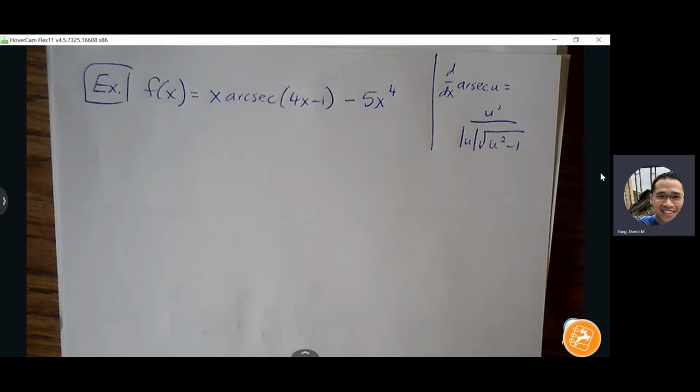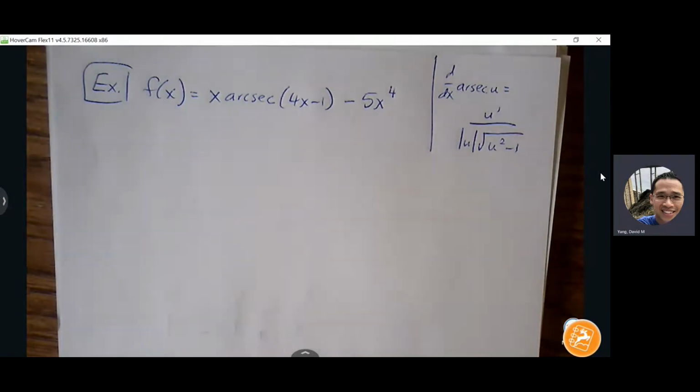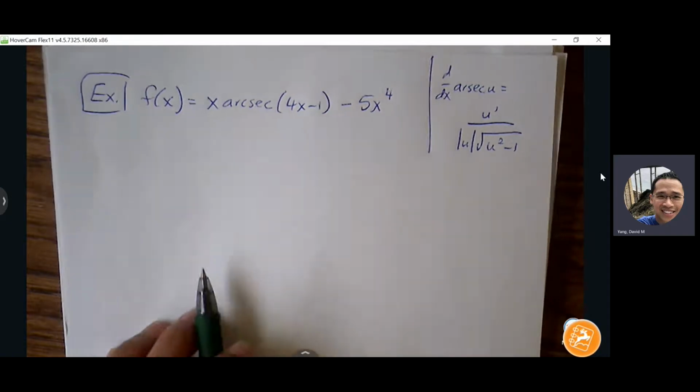Okay, so we know we definitely have to involve the rule for arcsecant: u prime over absolute value of u times square root of u squared minus 1. What else do you see? What else do we have to make sure that we apply?